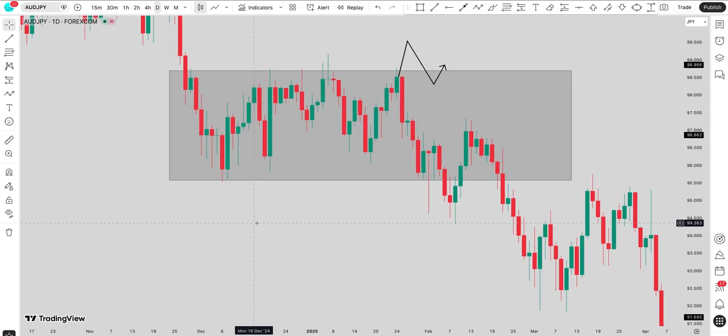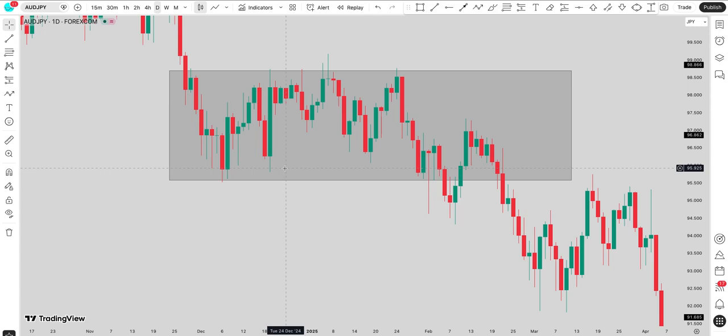So if price is not creating either of the patterns we discussed before, going up or coming down, it is simply moving within its previous highs and lows without a clear direction. The market is ranging or consolidating.